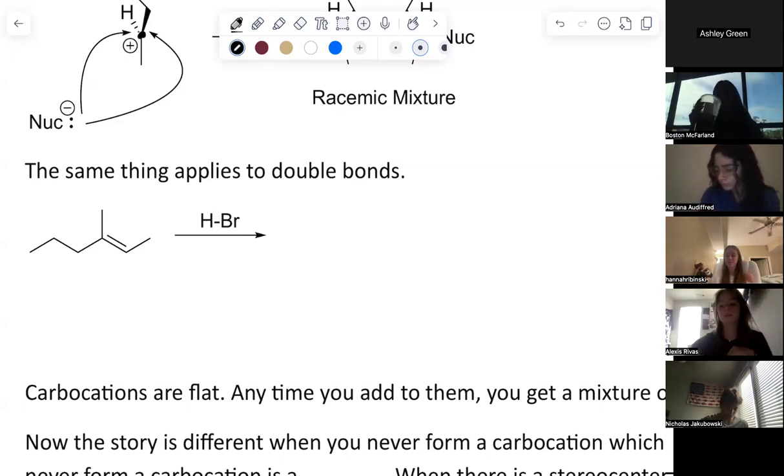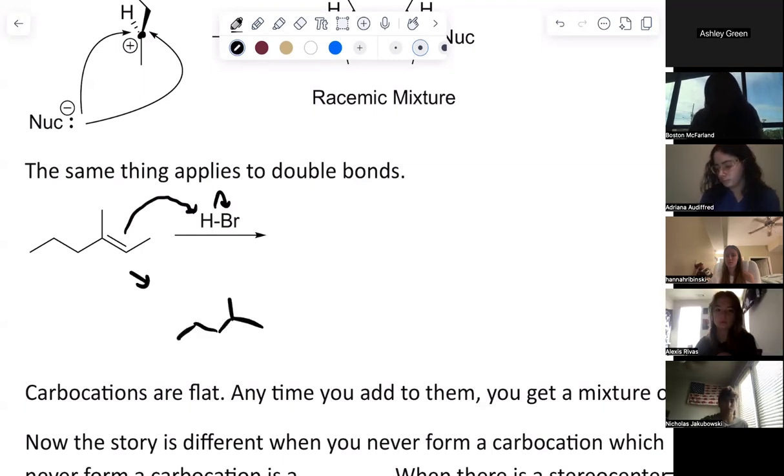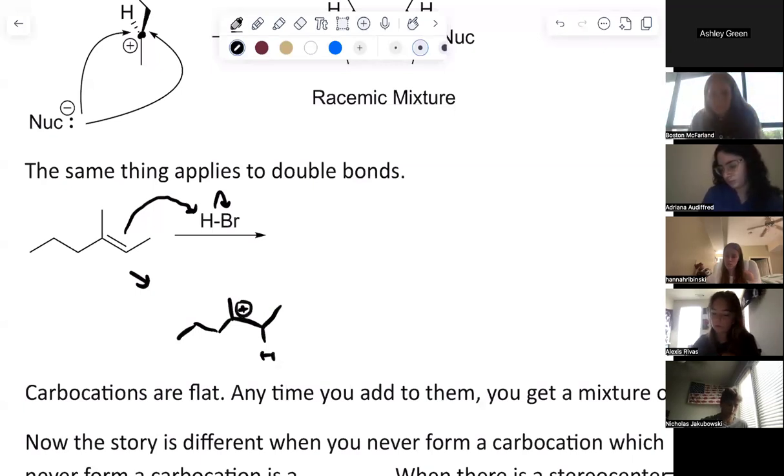All right. So I've got an acid. Acids give protons. Acids give protons to things with electrons. Well, this double bond's really the only thing with electrons. So I'm going to add that hydrogen here so I can make the more stable carbocation. All right.